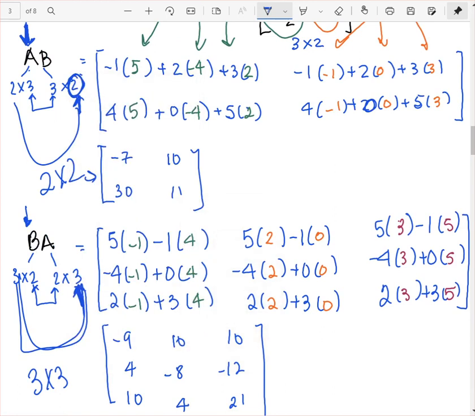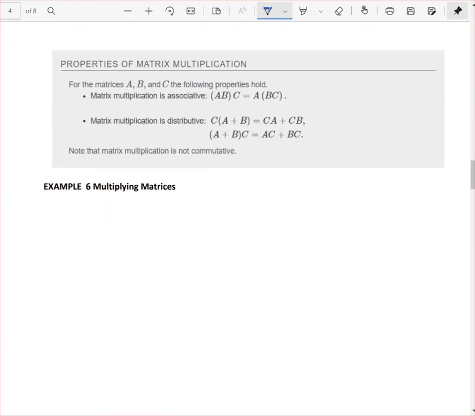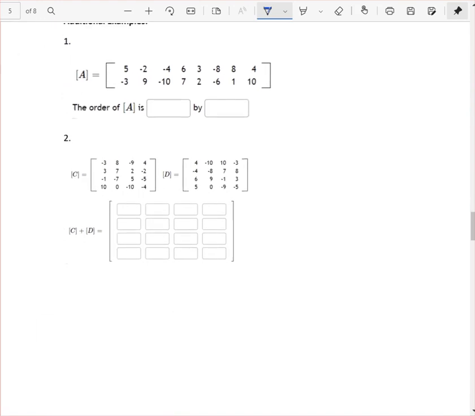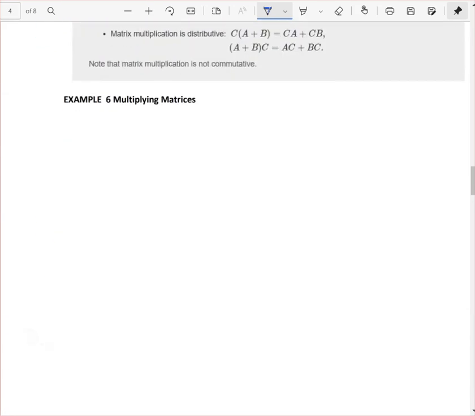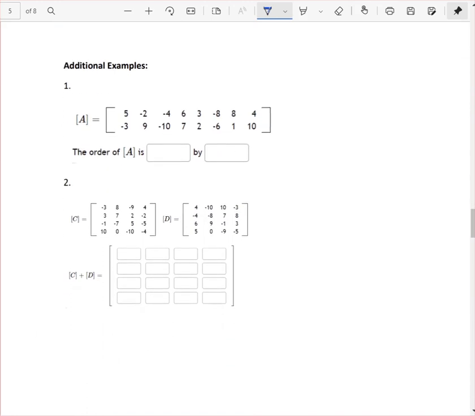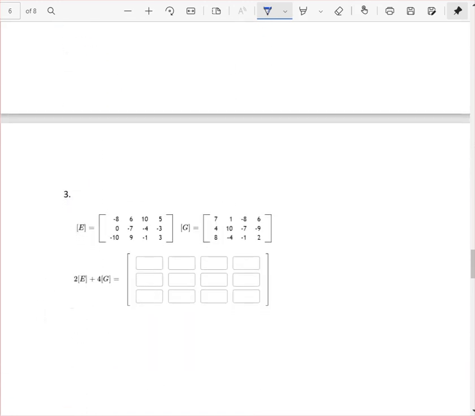Yeah, so that's what I have for this section. But if you have any questions on anything else that you see here, these examples are similar to what I just did.